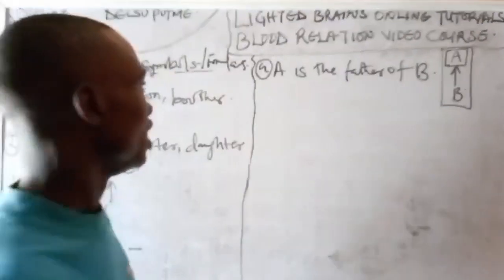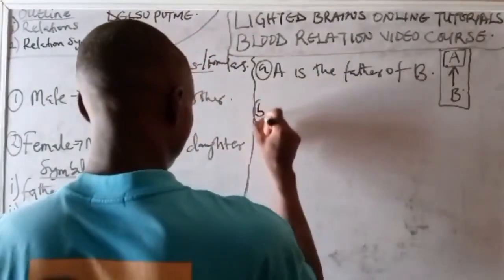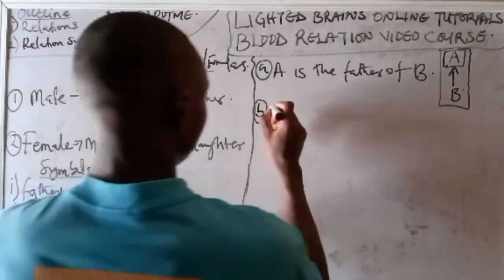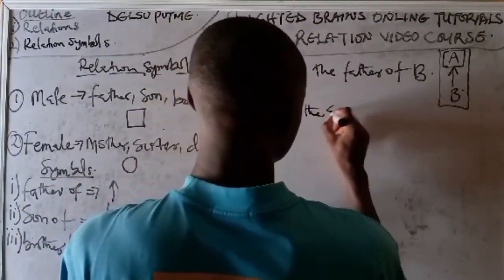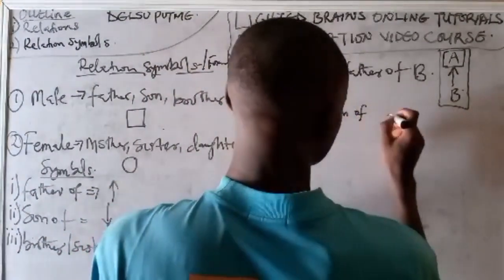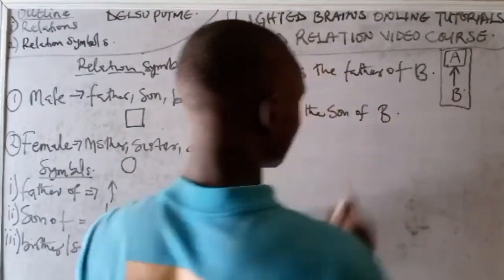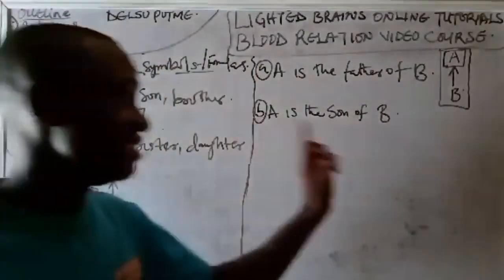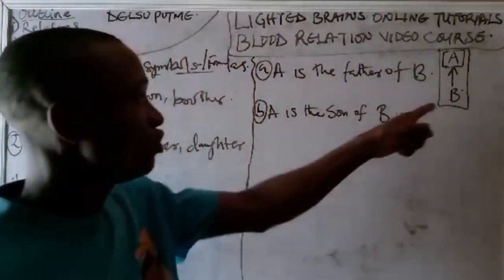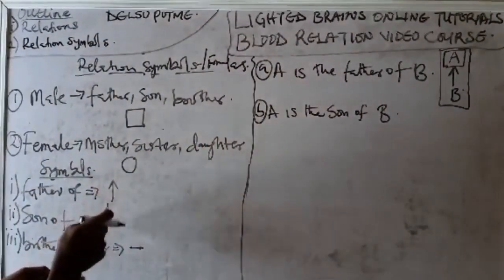I believe you understand. So we have B. A is the son of B. Now guys, looking at this, it's very simple. I've told you that when they talk about father relation, the arrow goes up.